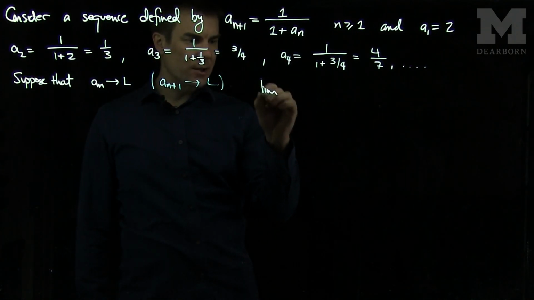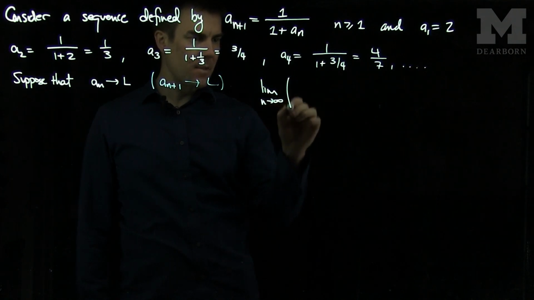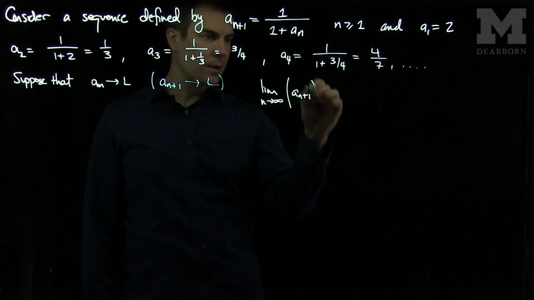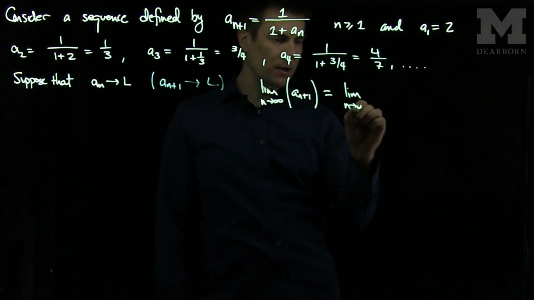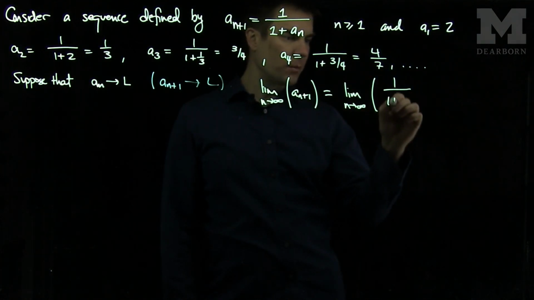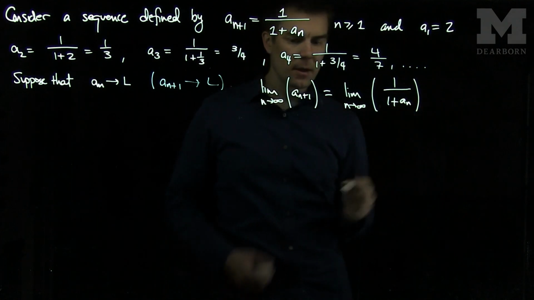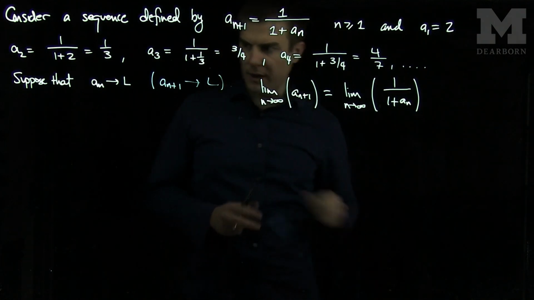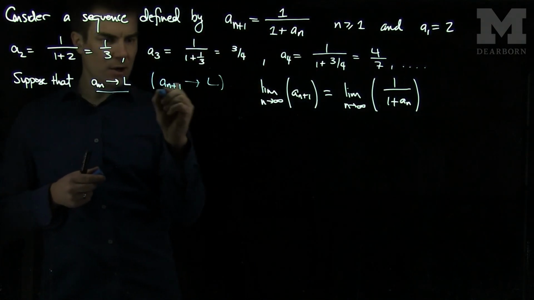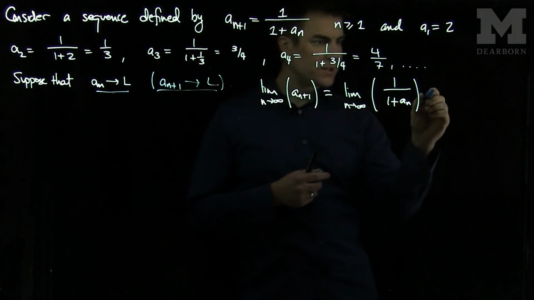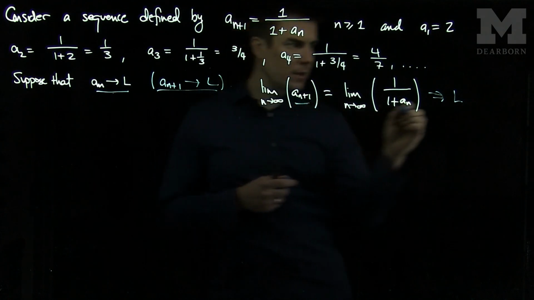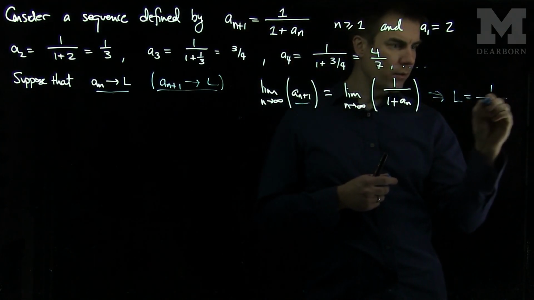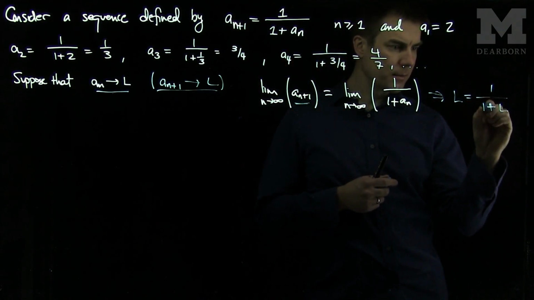The limit as n goes to infinity of a_(n+1) must be equal to the limit as n goes to infinity of 1 over 1 plus a_n. And if we call these limits L, then we have an equation that says L is equal to 1 over 1 plus L.